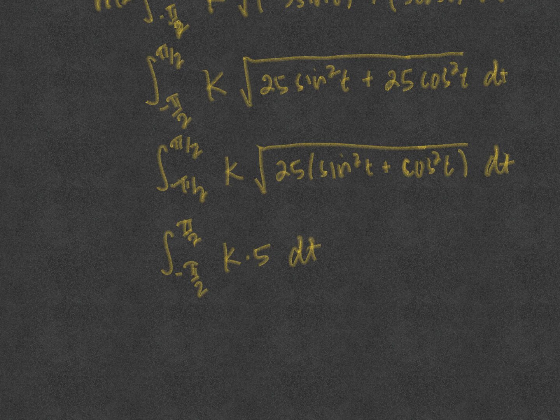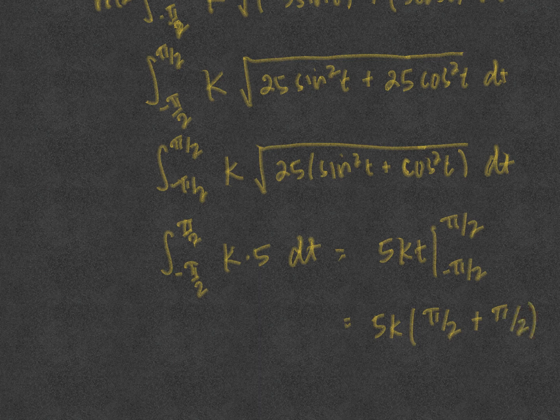When we integrate with respect to t, we get 5kt, remembering that k is a constant, from negative pi over 2 to positive pi over 2. So we have 5k times pi over 2 minus a negative, which becomes a plus pi over 2. So we have 5 pi k.